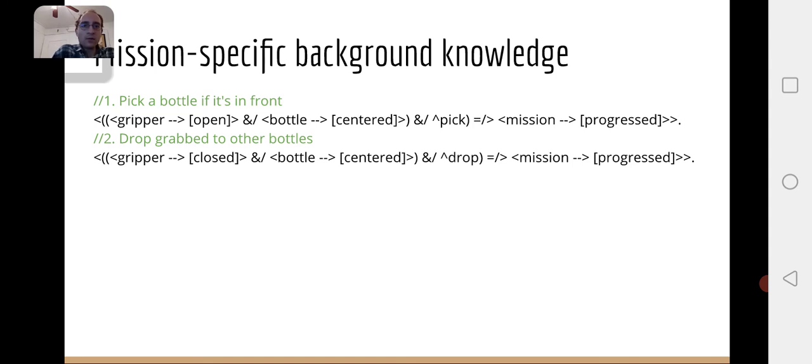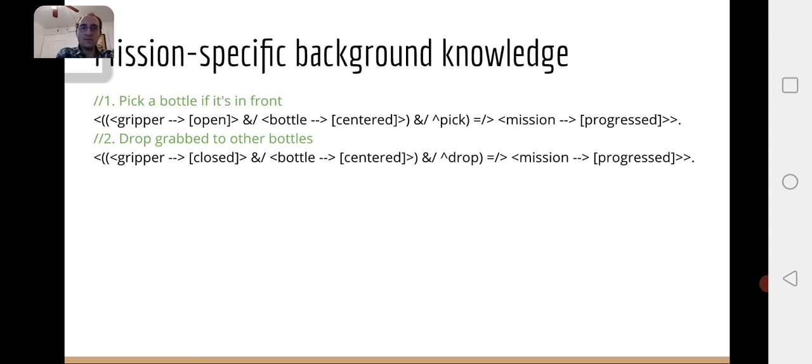So in order to carry out the mission, we don't need to tell it much, because most of the knowledge it needs to complete the mission, it can learn on the fly.